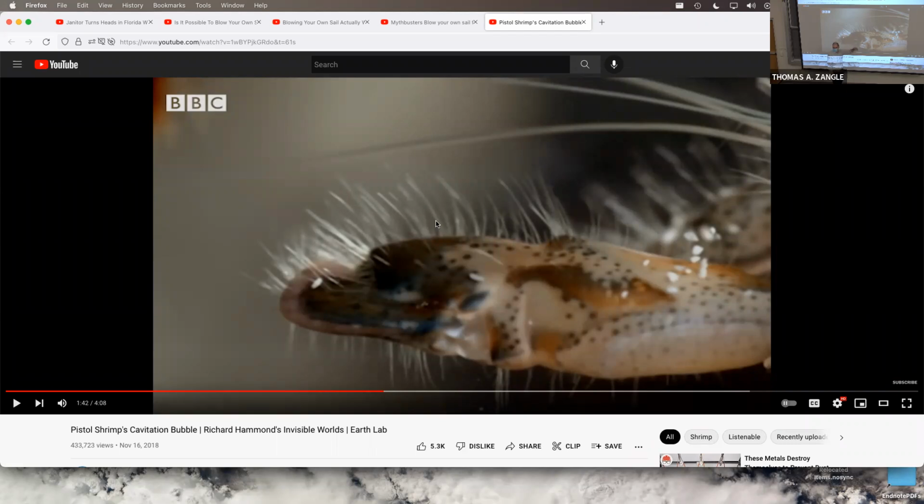It'll show us that as the velocity increases, the pressure decreases. And in this case, that tells us that if we increase the velocity enough, like in one of these pistol shrimp claws as it's snapping, then the pressure can get so low that we go below the vapor pressure of water and actually cause a cavitation bubble. Okay, but that's where we're headed next.